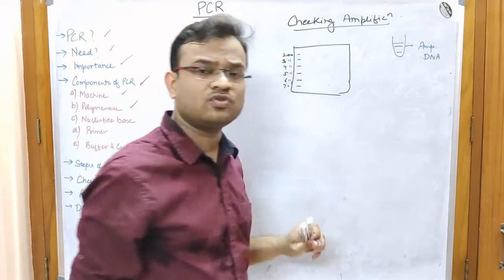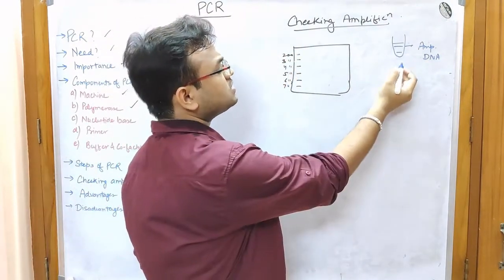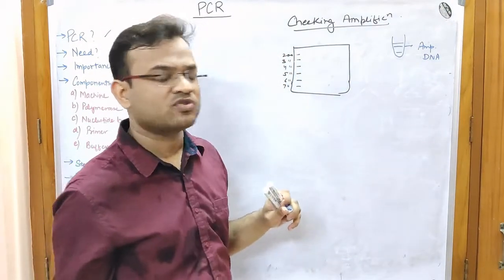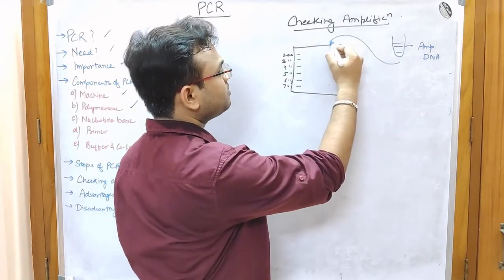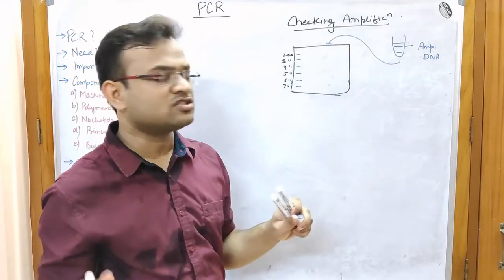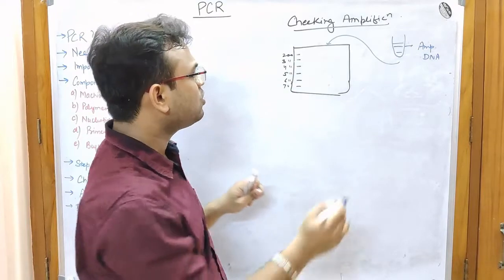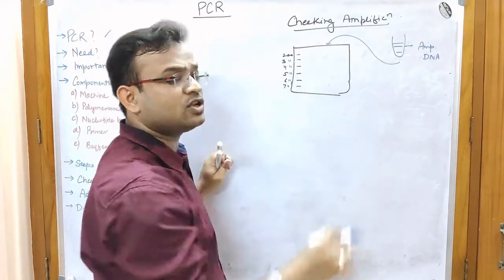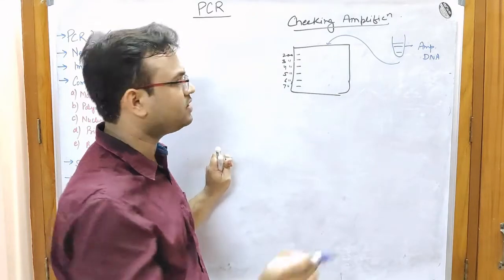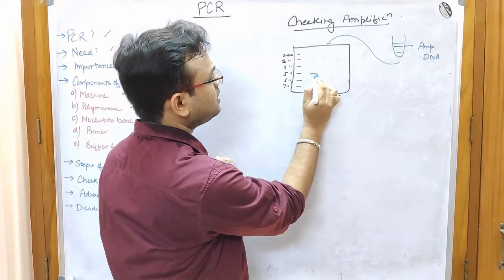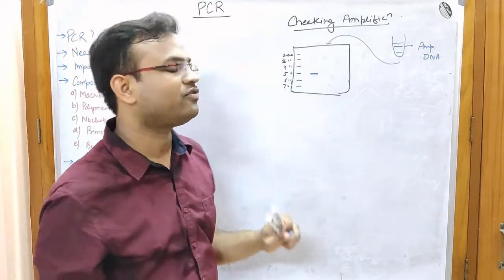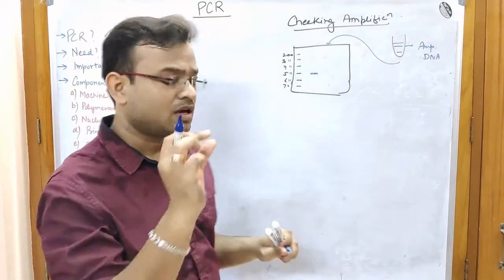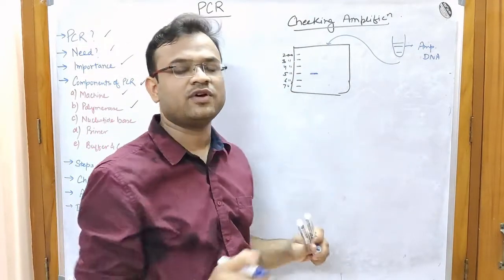Now you just have to check it. You take this amplified DNA, process it, and put it inside the wells of the DNA gel. Now, if the sequence that you wanted to amplify was around 500 kb, here you would get a thick, proper band at around 500 kb.